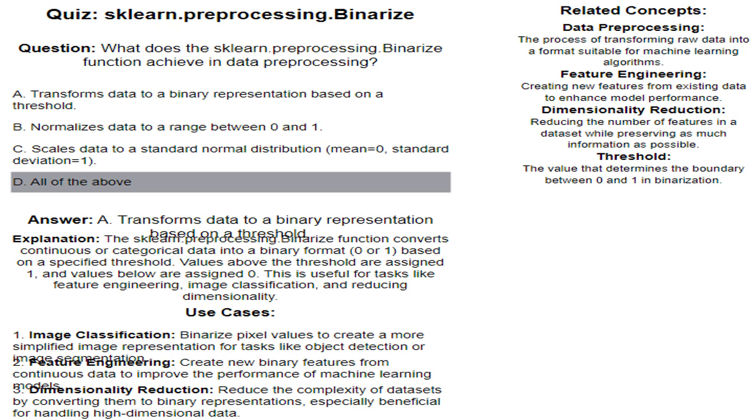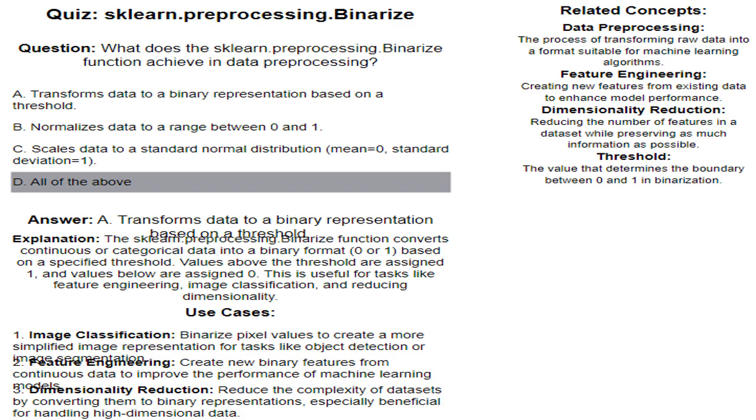Any age above 30 would be 1, and any age below 30 would be 0. This is useful for models that might perform better with binary input for age, instead of continuous values. The threshold value of 30 is set by the user based on the specific task requirements.